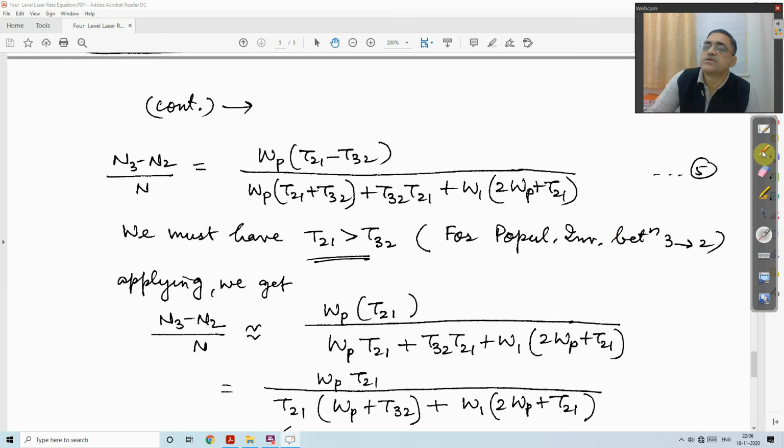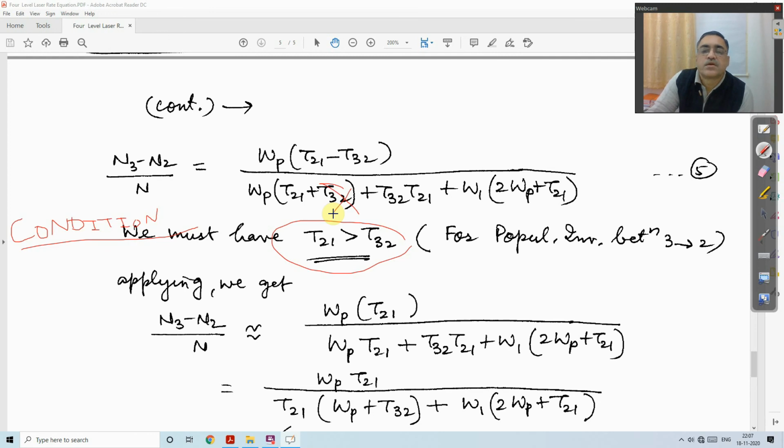This is actually the condition. We must have T21 greater than T32. So I can neglect T32 here, but not from the product.